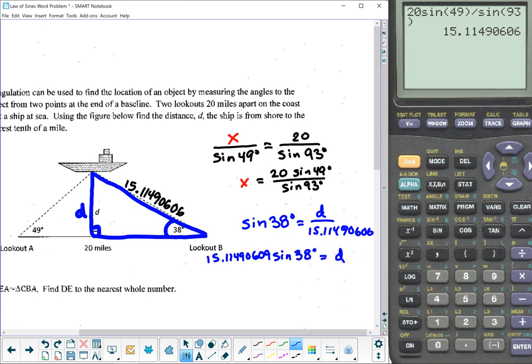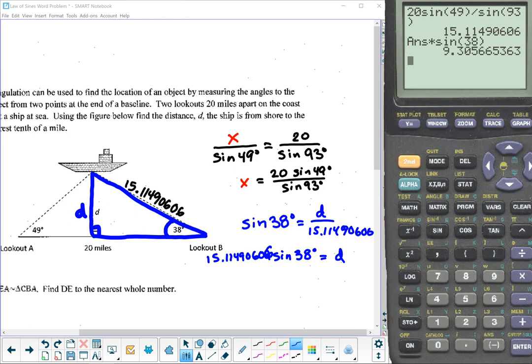And that's what D is. I wrote that number wrong, that should be a 6, by the way. But anyway, I'm just going to take that and multiply it by sine of 38. And that'll give me my D, which is 9.305.